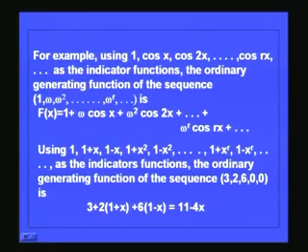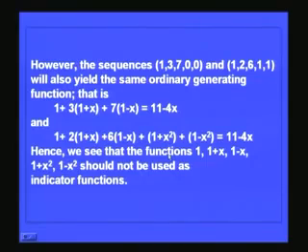Now, this expression should not represent another sequence for the same set of indicator functions. In that case, it is not advisable to use them as indicator functions. Look at the sequence 1, 3, 7, 0, 0 with the same set of indicator functions. What will you get as the generating function? 1 into 1, then 3 into 1 plus x, 7 into 1 minus x, 0 into 1 plus x squared, 0 into 1 minus x squared, and so on.